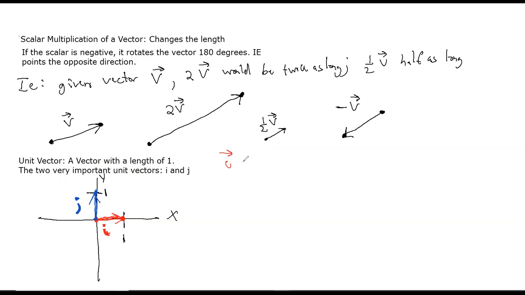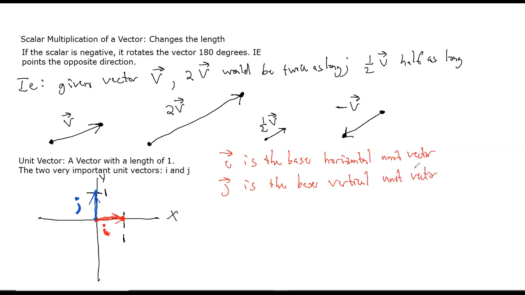So i is the base horizontal unit vector. j is the base vertical unit vector. We're going to use these a lot.